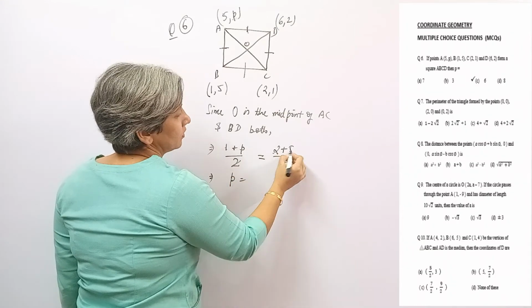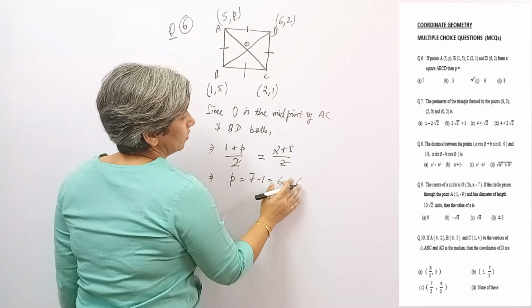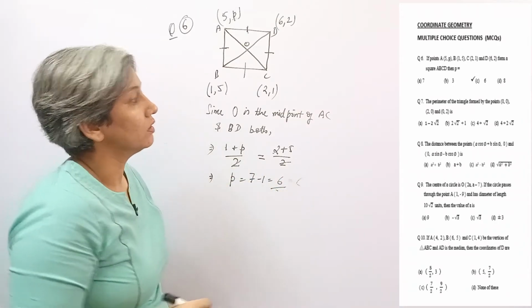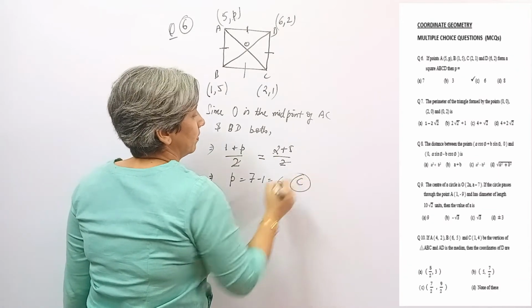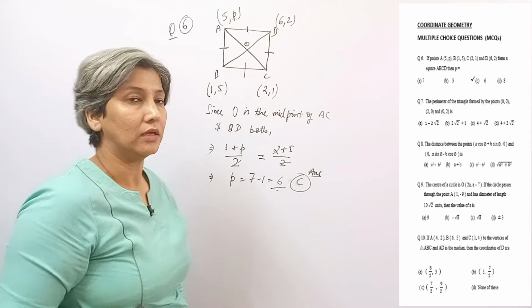P will be 2 plus 7 minus 1, 6, so 6 आ गया. P is equal to 6, which is the C option. Answer C. Answer is C.